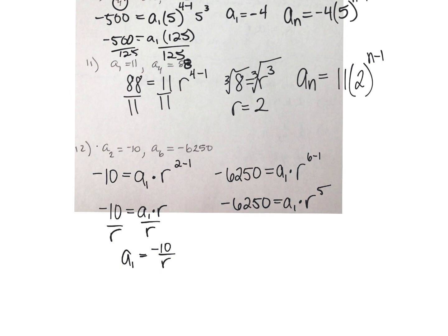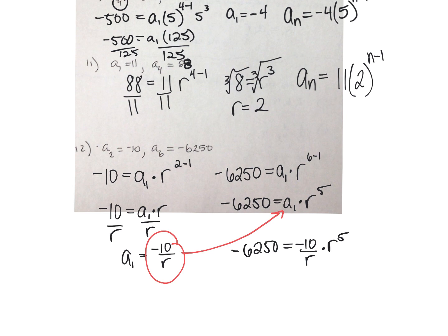It's not as bad as it seems. Now I can substitute negative 10 over r into a1. Negative 6250 equals negative 10 over r times r to the 5th. I just substituted.